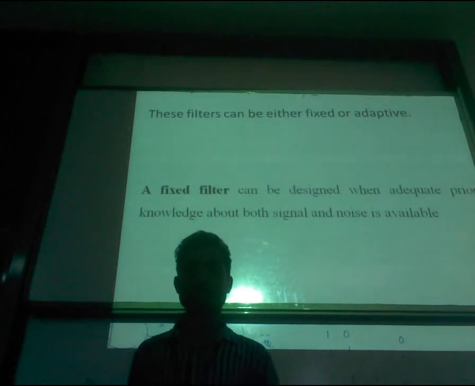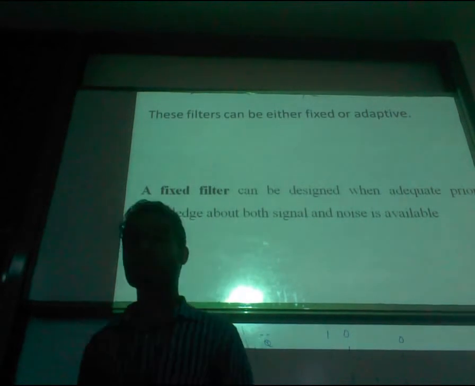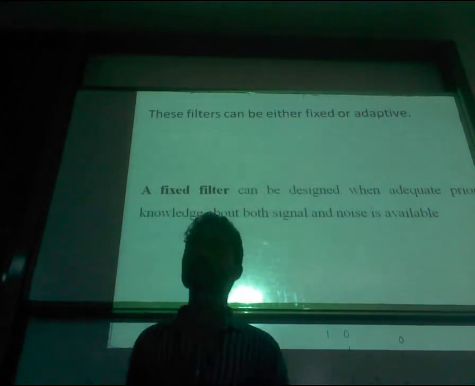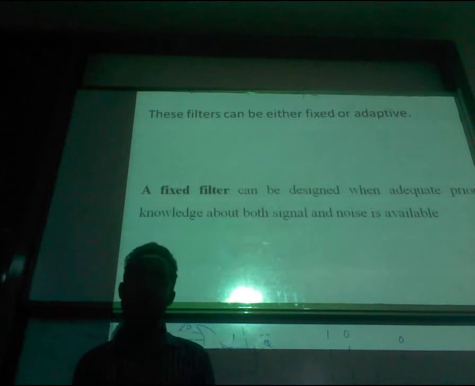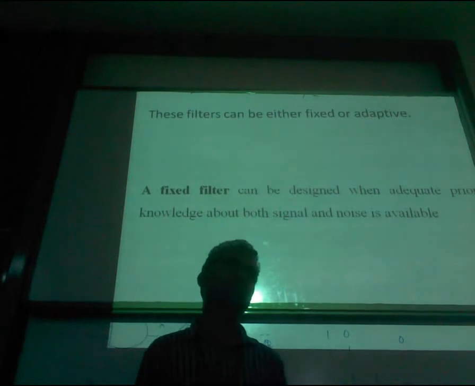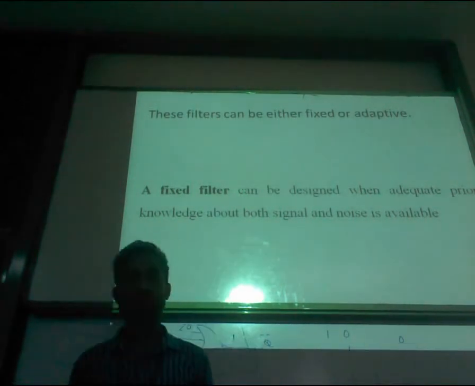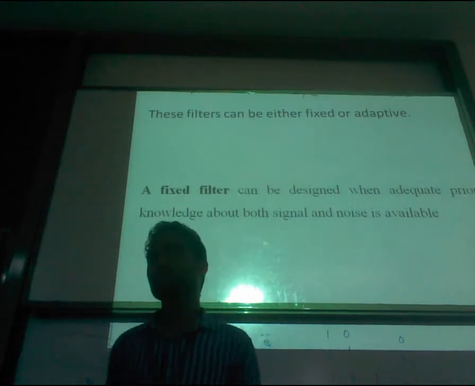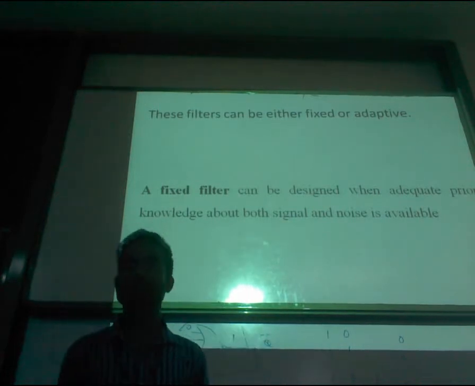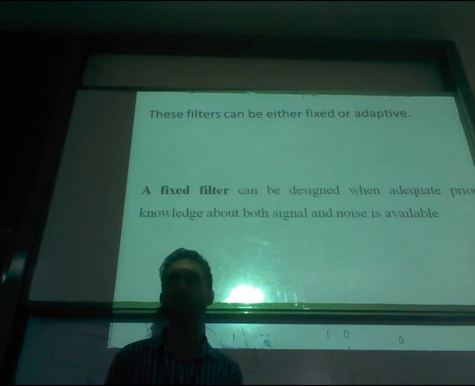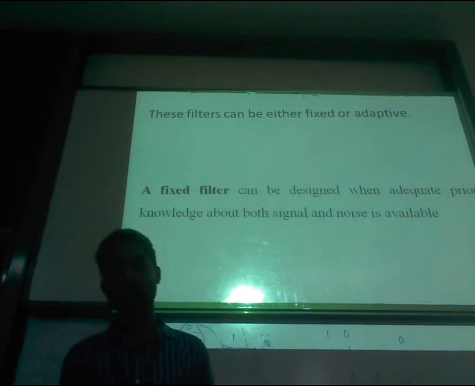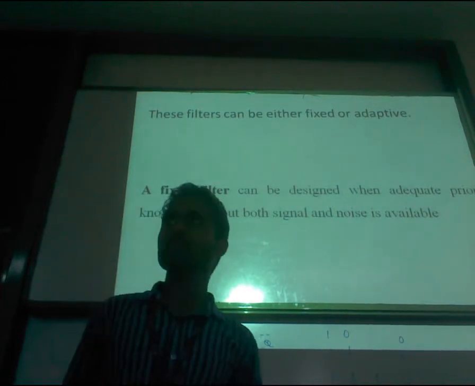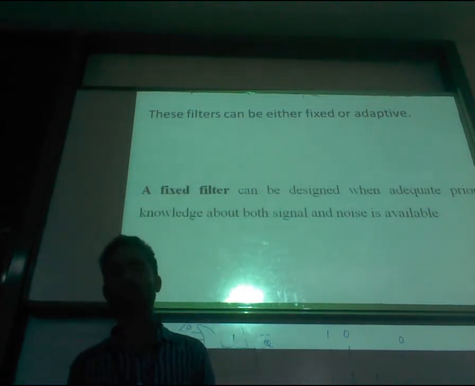A fixed filter can be designed when adequate prior knowledge about both the signal and the noise is available. If we know the amount of noise that probably comes with the signal, then we can use a fixed filter. If not, then we can go for the adaptive filter.